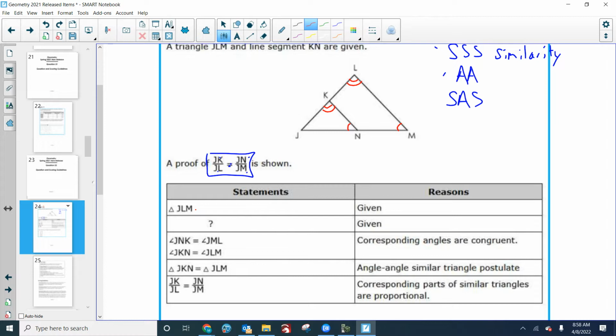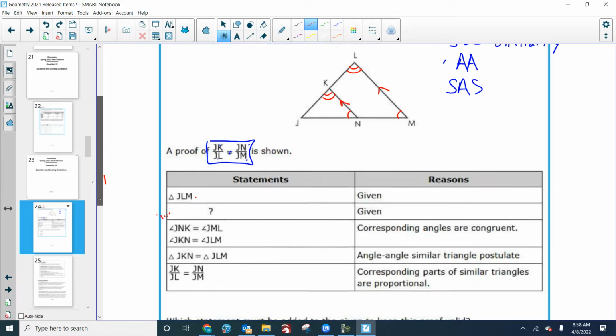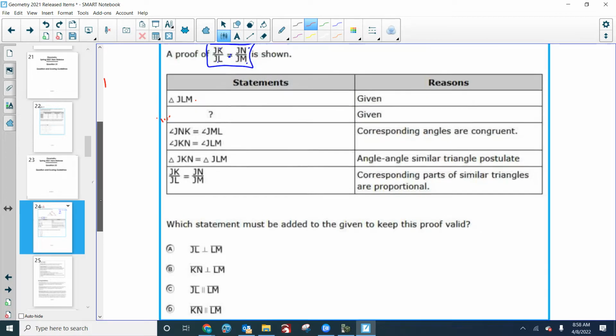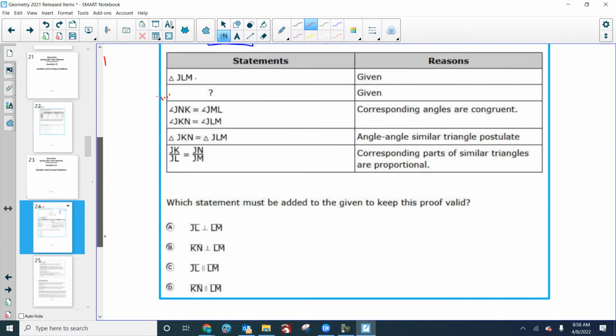So how are they going to use corresponding angles there? Before that, they must have said the lines are parallel. Remember that? Corresponding angles are only congruent if the lines are parallel. So we must have been told they were parallel up there. KN, it's D, KN, LM? Okay.